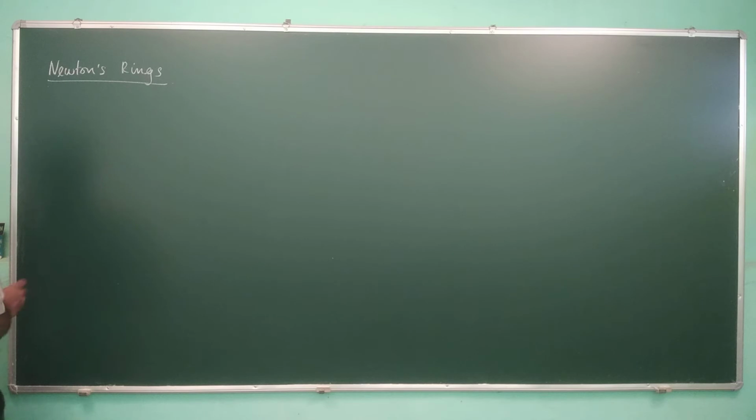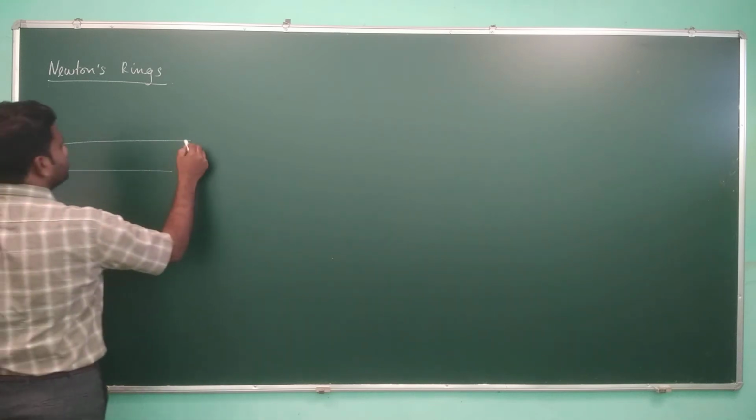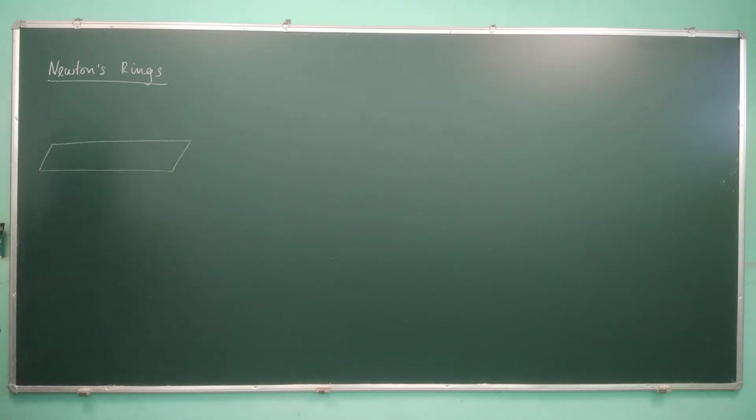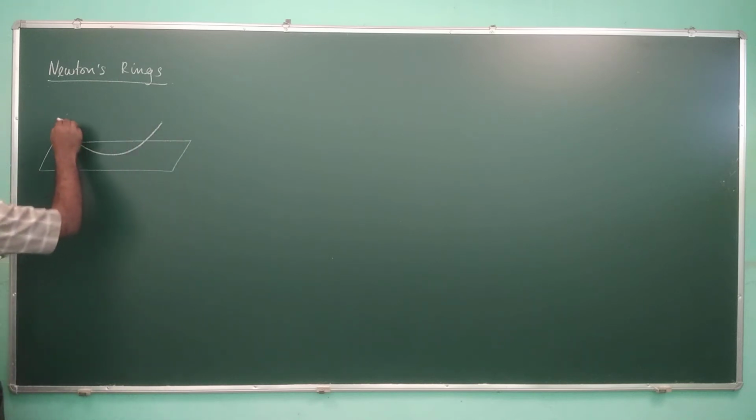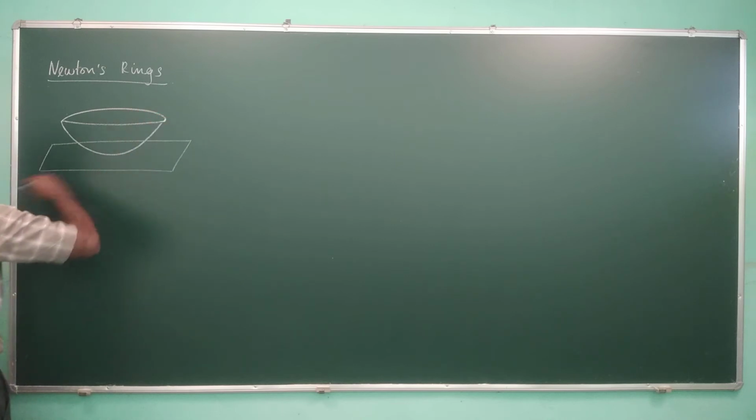We will consider a setup where we have one plane mirror on which a convex lens is placed, right? A convex lens is placed over it.